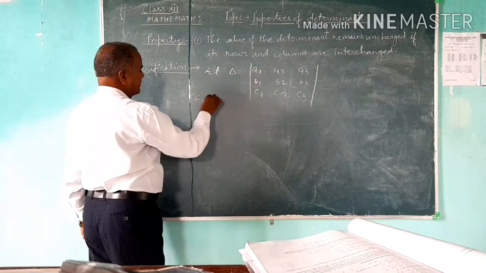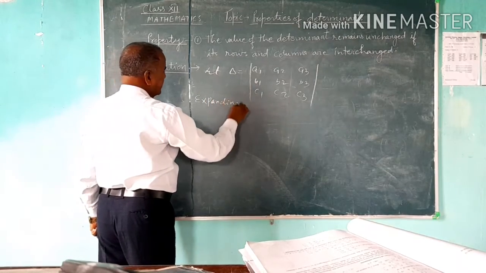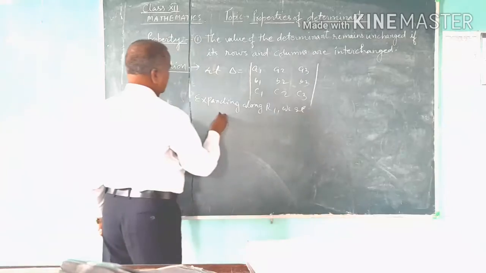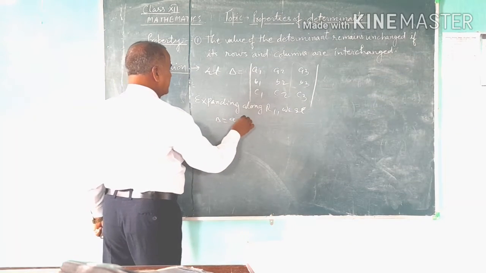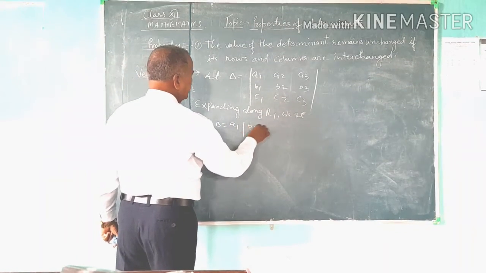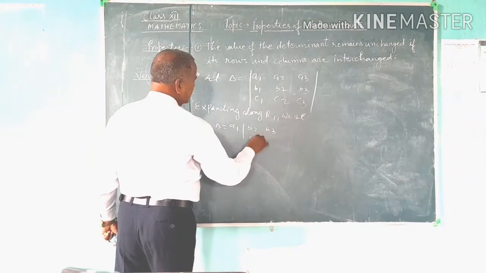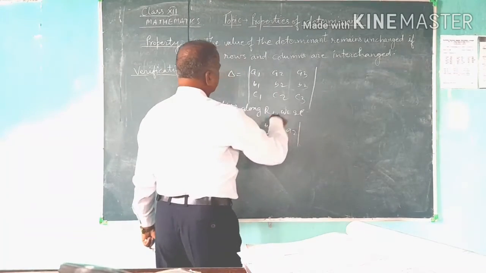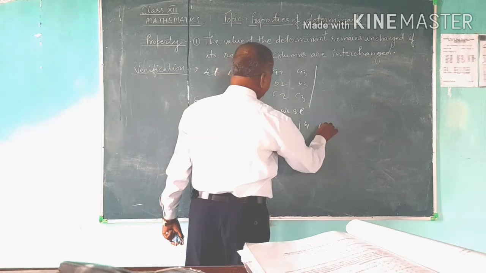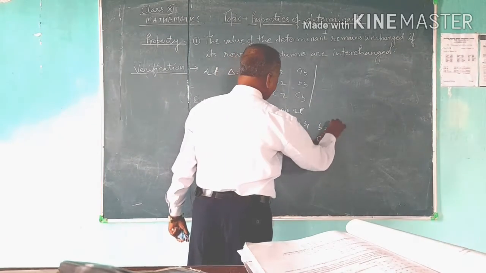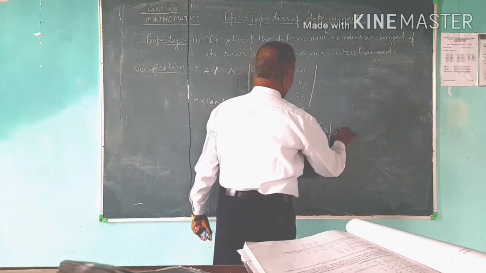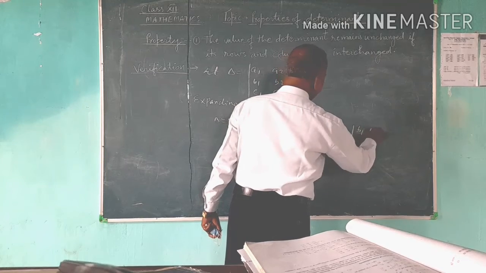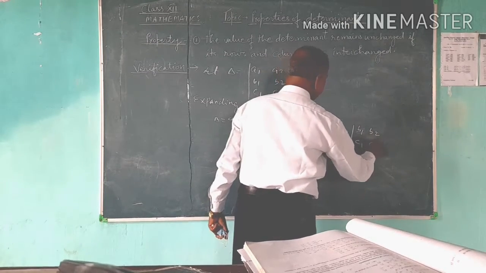Expanding along R1, we get delta is equal to A1 times (B2, B3, C2, C3) minus A2 times (B1, B3, C1, C3) plus A3 times (B1, B2, C1, C2).